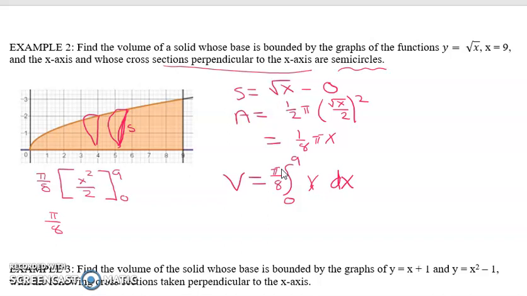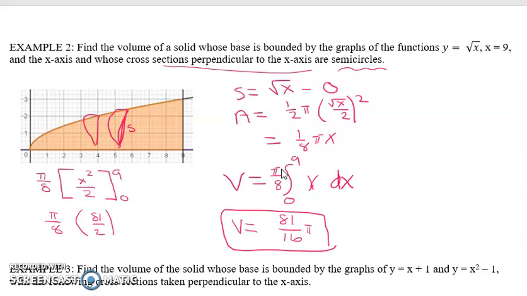Then we get 9 squared, which is 81, over 2. When we subtract, we're really subtracting a 0, so I'll leave that. And we end up getting that the volume here is 81 over 16 pi. It stays in exact form because it's still got the pi in it.